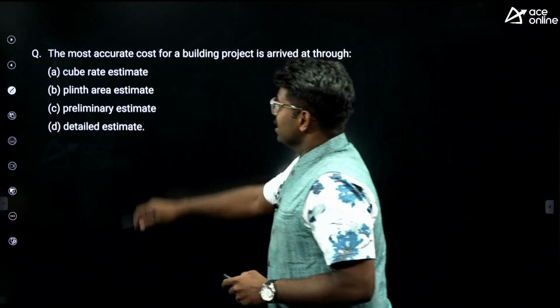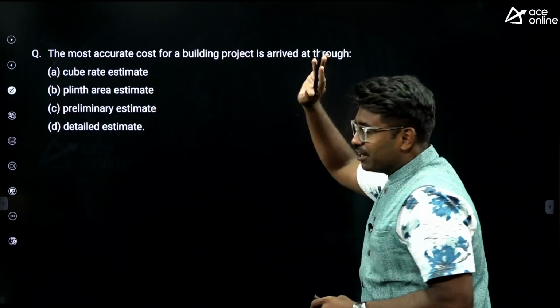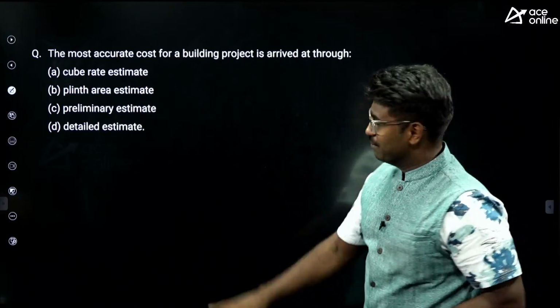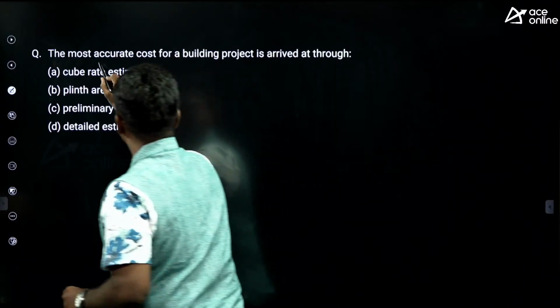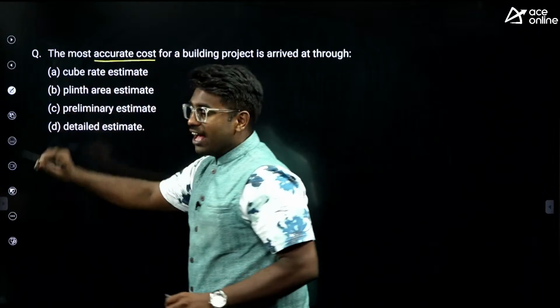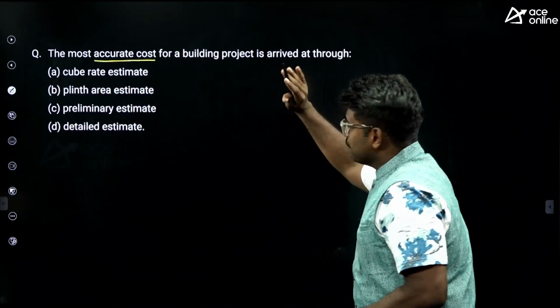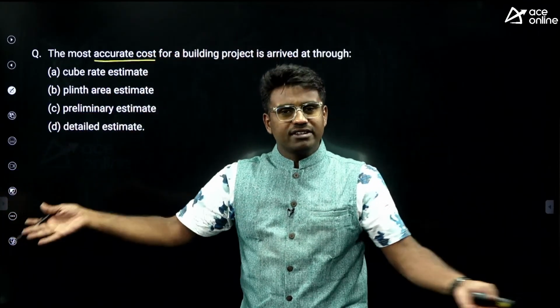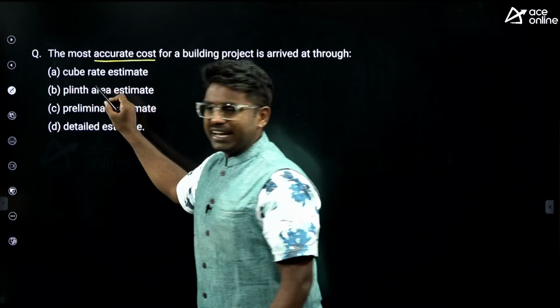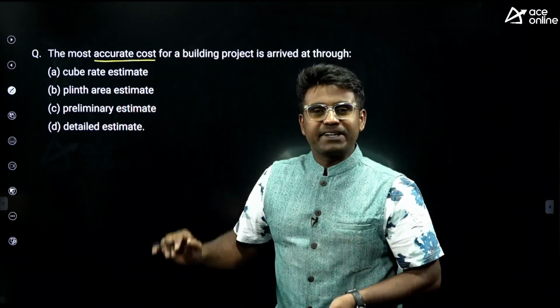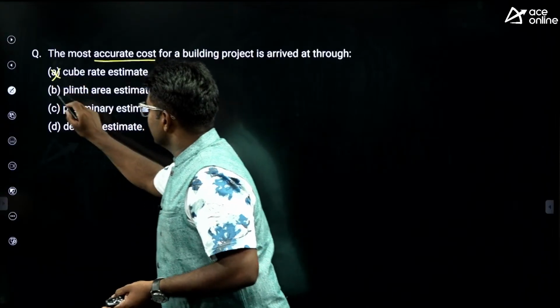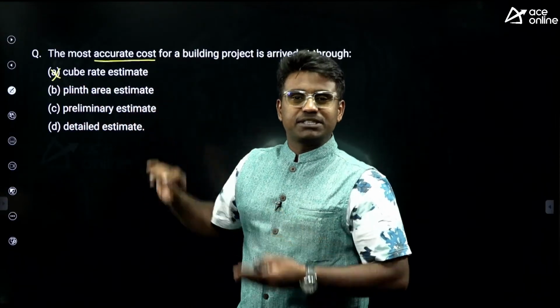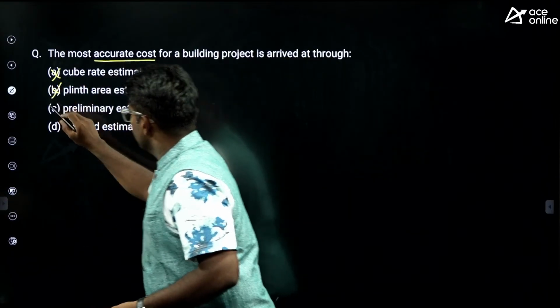Moving on to the next one: the most accurate cost of a building project is arrived at through what? Let's check the options. Cubic rate is an approximate estimate, rule out. Plinth area, again an approximate estimate, ruled out.